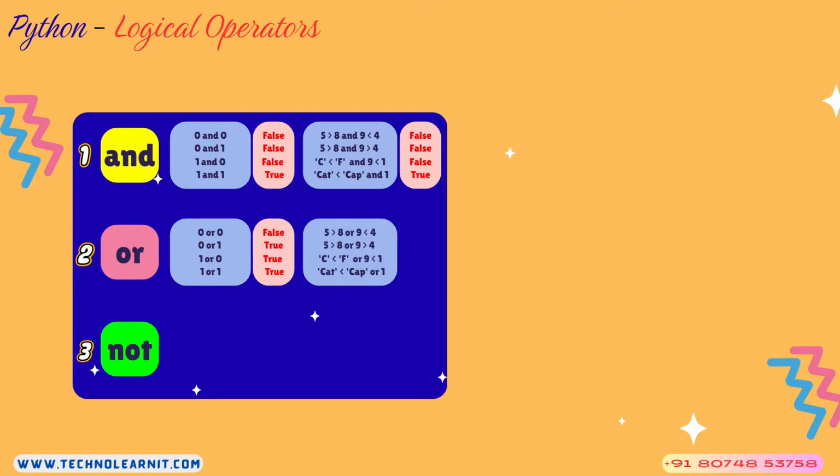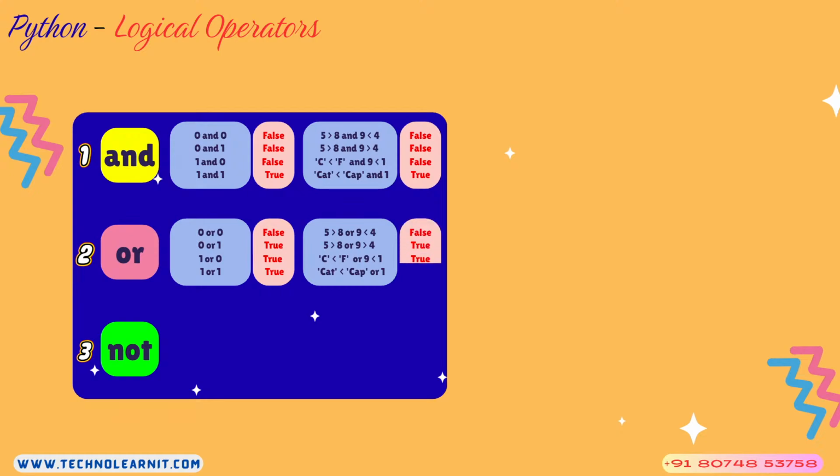Let us look at some examples. 5 greater than 8, which is false, or 9 less than 4, which is also false. False or false, meaning 0 or 0, which is false.